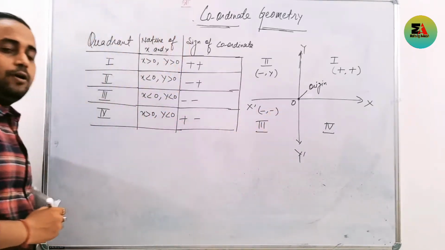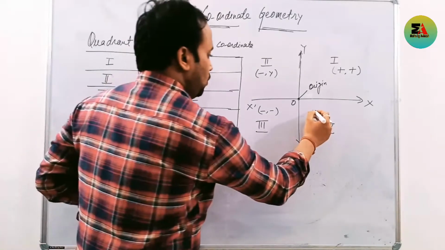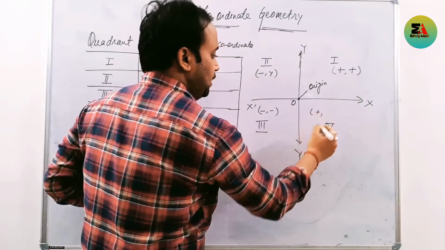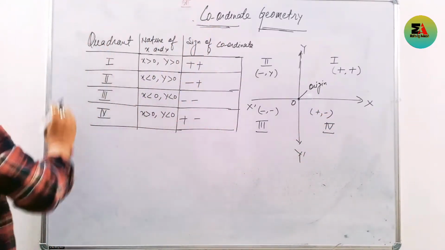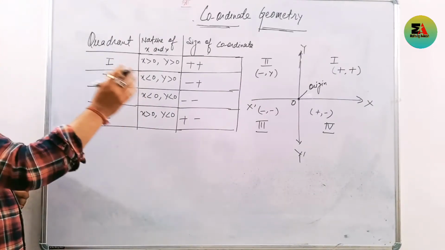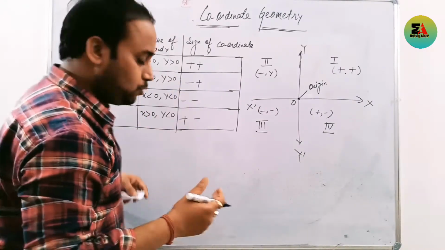Both will be negative in the third quadrant. And in the fourth quadrant, the value of x is positive and the value of y is negative. These are very important. Simply, given the values, we just have to check on which quadrant the point lies.